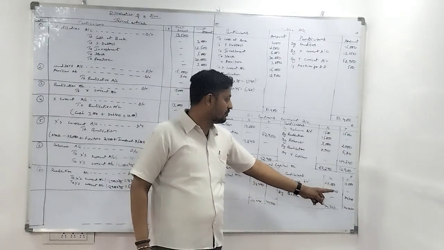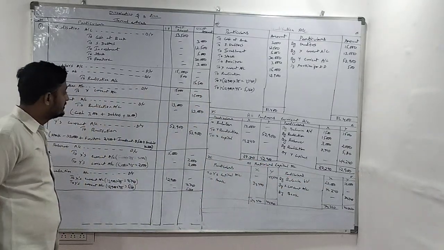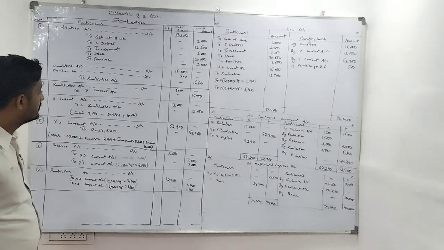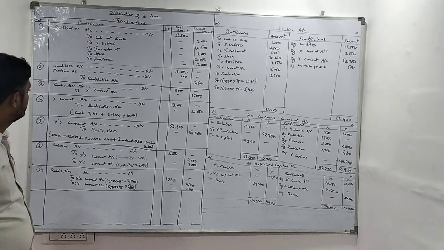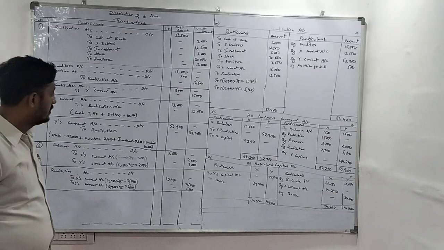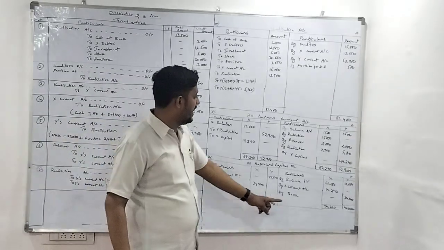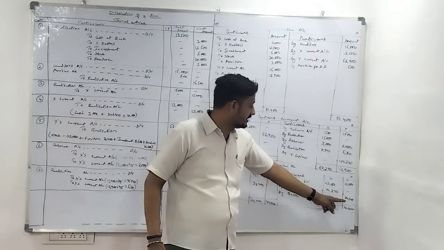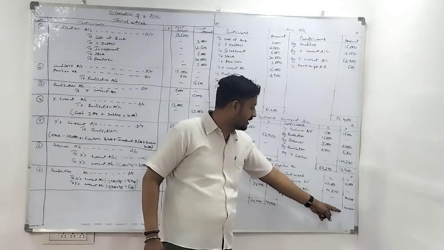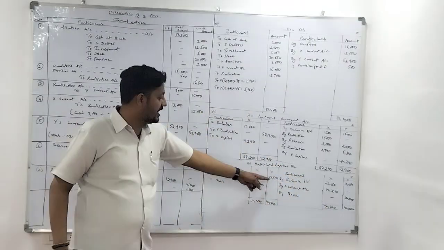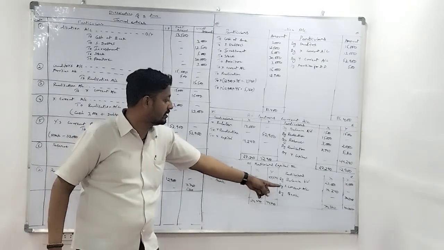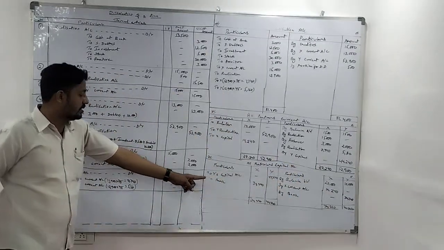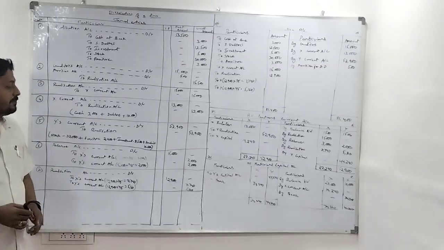So 34,240, from where are we going to take this? 34,240 is here and here. 44,240 minus 10,000, it's 34,240. 44,240, here it's 44,240. 44,240 minus 10,000 is 34,240. So like that we are going to prepare it. It's the X capital account.